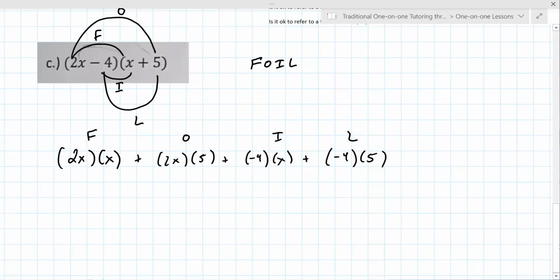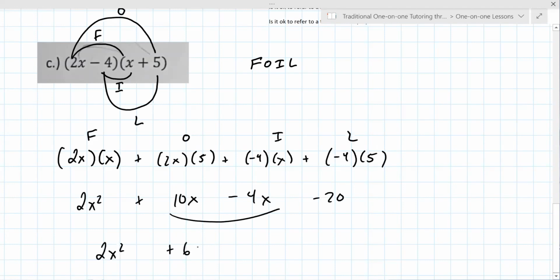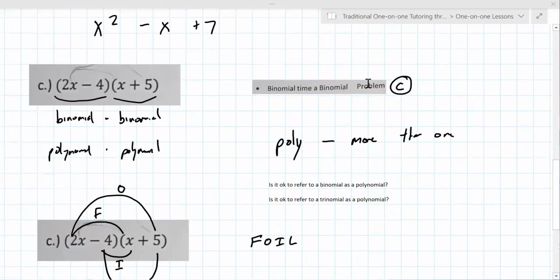So then 2x squared plus 10x minus 4x minus 20. And generally you combine the O and the I. And then 2x squared plus 6x minus 20. Good. All right, I guess it's definitely not a trinomial.